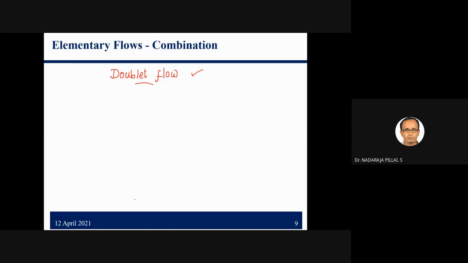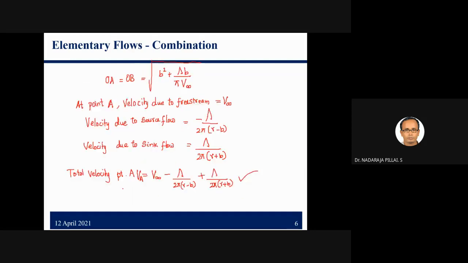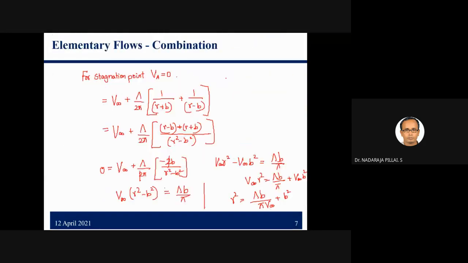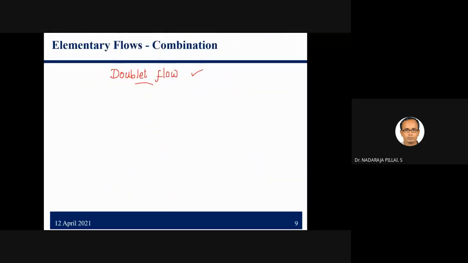Now, I will take it this way. You know already, here you have a source flow and sink flow, and at any point P, anything can be calculated, right? So in the doublet flow, let us consider a point source, and another point sink.